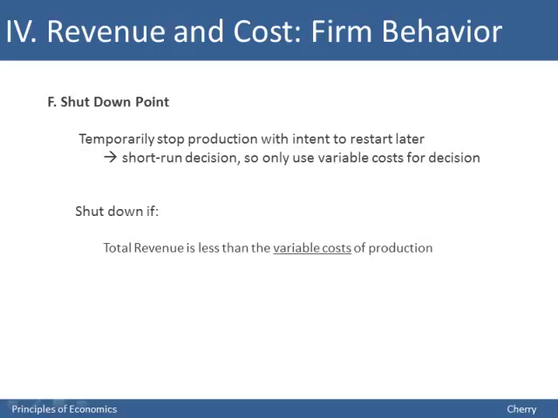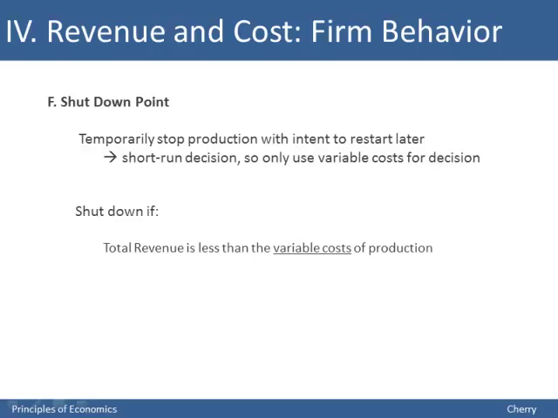So given a short run, all we want to consider in this decision are the things that we have control over, or the things that would change with this temporary decision. So what we're interested in is total revenue being less than the variable cost of production, because variable costs are the things that we can change by changing our production level, right?